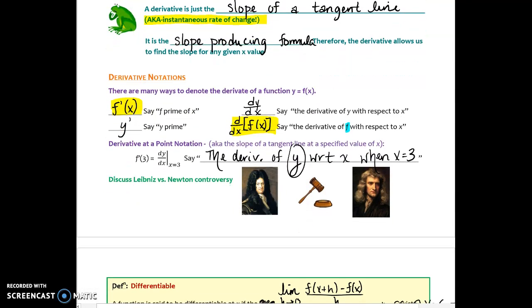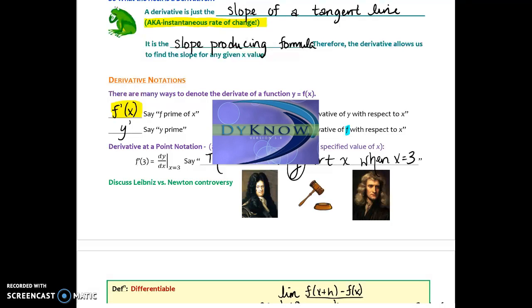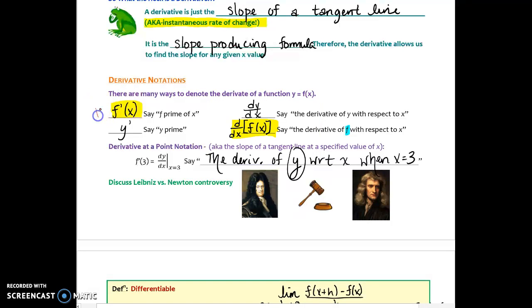The important thing, or really the only thing that's different, are these derivative notations. This first one, number 1, is the notation that we will use the most. We say this is f prime of x. So if they give you a function f of x and tell you to find the derivative, then the notation you would use is f prime of x.